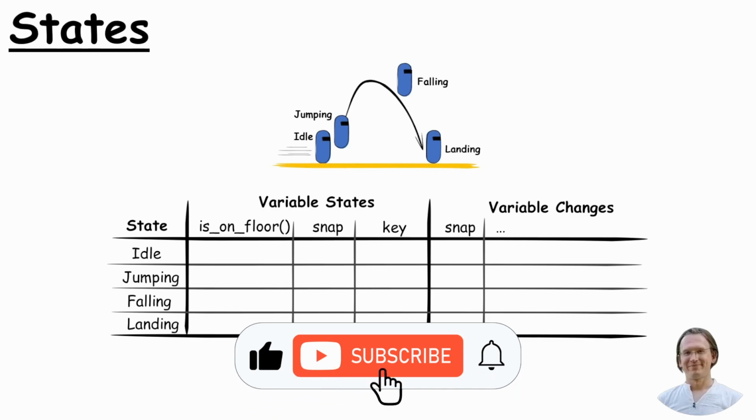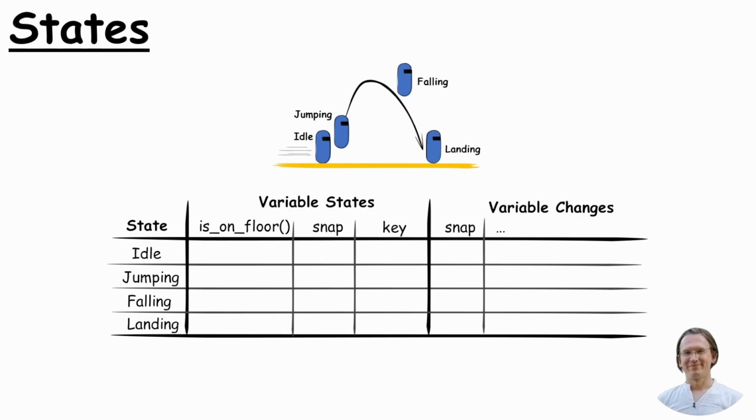We have isOnFloor, that is a kinematic body function provided by Godot that tells us if the character is currently on the floor. That's useful. Then we have snap, that's something we have to set. And then we have keys that we get from our input variable. We also frequently have to set snap into some other mode, and we may have other variables to change.